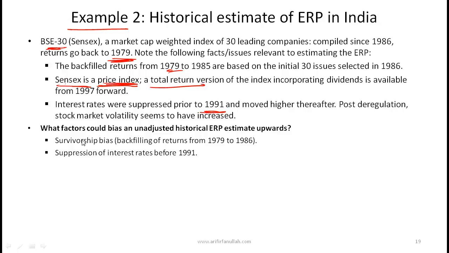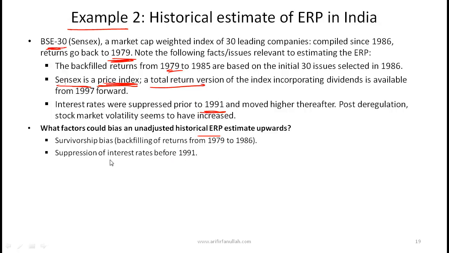So now the questions are, what factors could bias an unadjusted historical ERP upwards? The answers are right here actually. One is the survivorship bias. Because of that survivorship bias, the ERP estimate based on Sensex minus risk-free rate would be higher than what it should be.